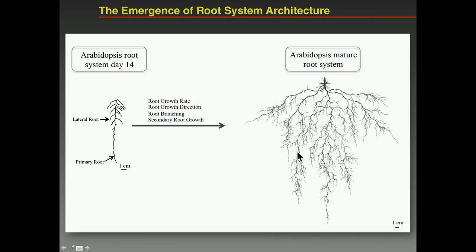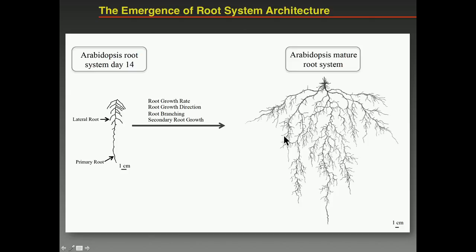And the distribution of the roots in the soil, as you can see here in a mature Arabidopsis plant, determines the function of the root, how well it can absorb and acquire nutrients and water from the soil. The big question, and a very important question in the root field and for plant research in general, is how do we actually get from this early stage to the late stage, and what determines this complex 3D shape?